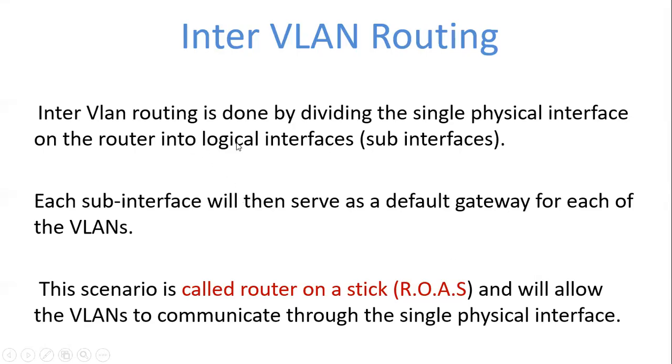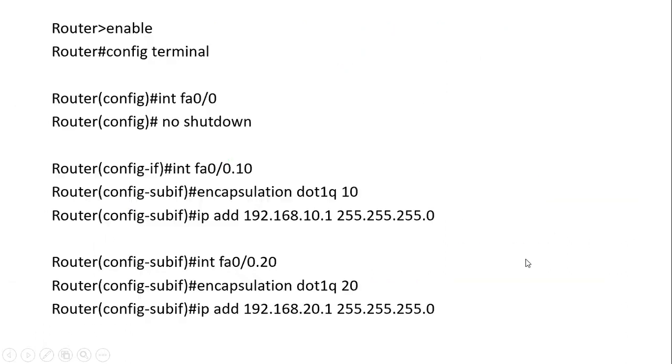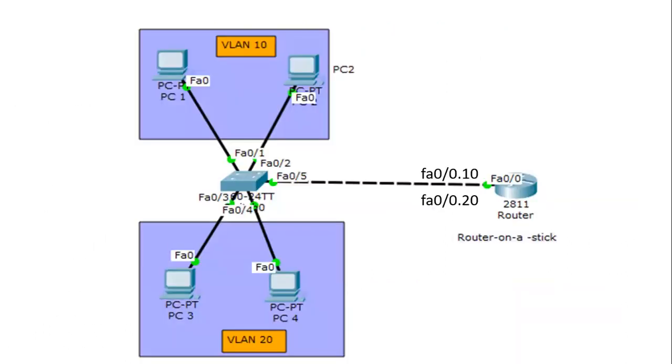Basically, inter-VLAN routing means dividing a single physical interface into logical interfaces, or sub interfaces, so that each sub interface can have a default gateway for each VLAN. This scenario is called router on a stick. The commands to create this router on a stick are like this. Consider you have two VLANs and there's one interface.